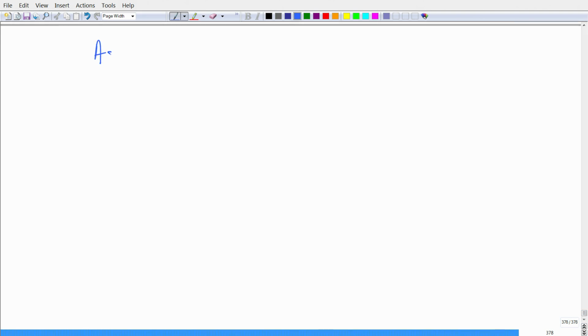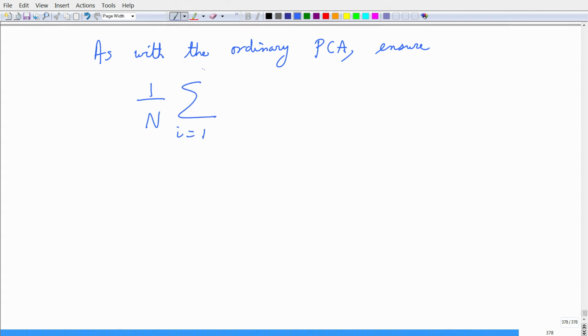So, as with the ordinary PCA, ensure that the bias, 1 upon capital N summation 1 to capital N of all the vectors in this feature space, is 0, that is the mean in the feature space is 0, that is we remove the bias.